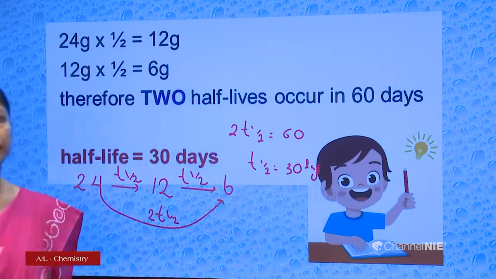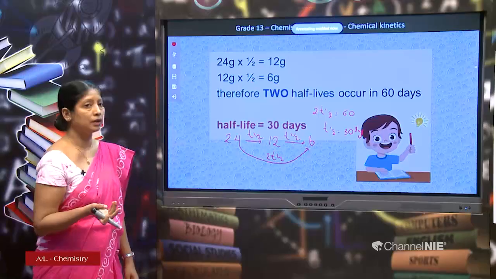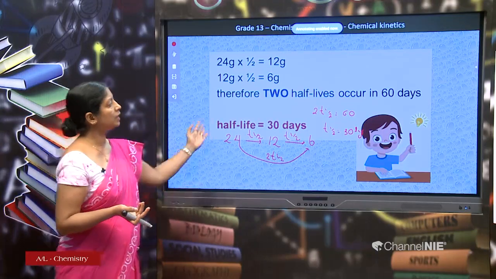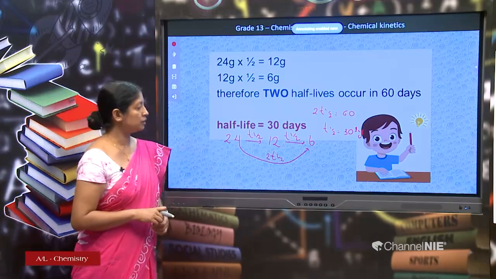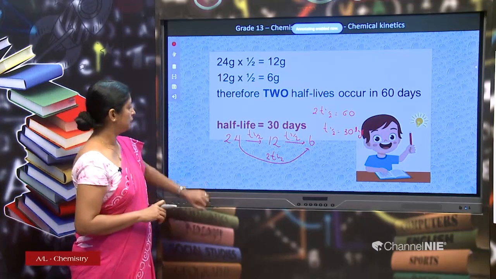Half-life can be expressed in days, years, seconds or minutes. In carbon 14 dating it is given in years, approximately 5700 years. Here it is given in days, so the half-life of this reaction will be 30 days.